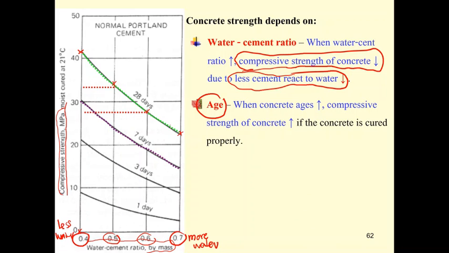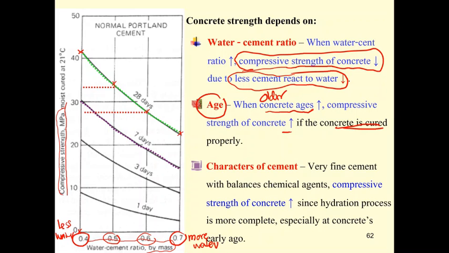That means the older the concrete, or the larger the concrete age, the higher the compressive strength. Because of what? Because the concrete has time to have the hydration process, or the condition that the concrete has enough water to have the hydration process. So more days, more hydration process, higher compressive strength.